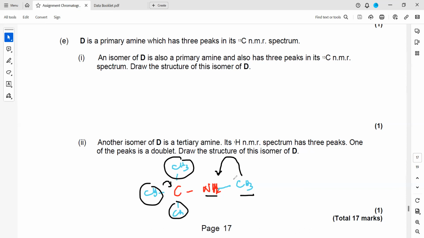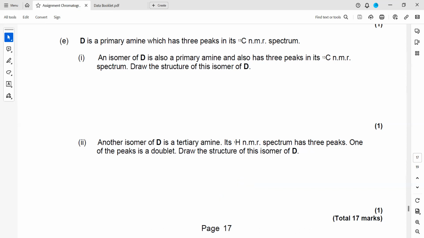This is one proposed structure. There's also another proposed structure that was in the marking scheme. In this structure, all of the hydrogens are directly replaced by carbon chains, because this is also tertiary.